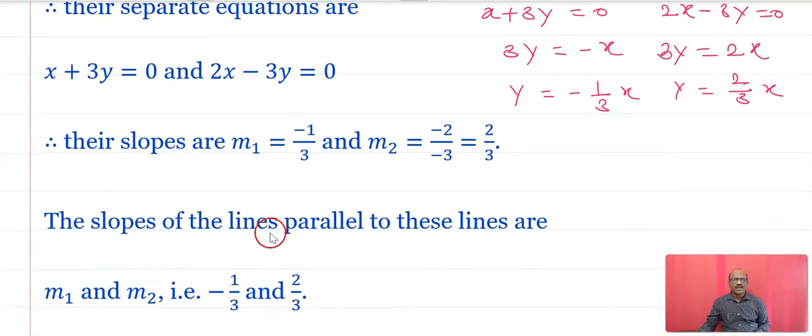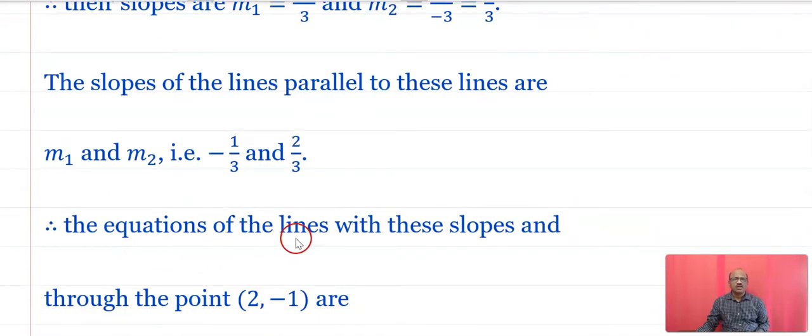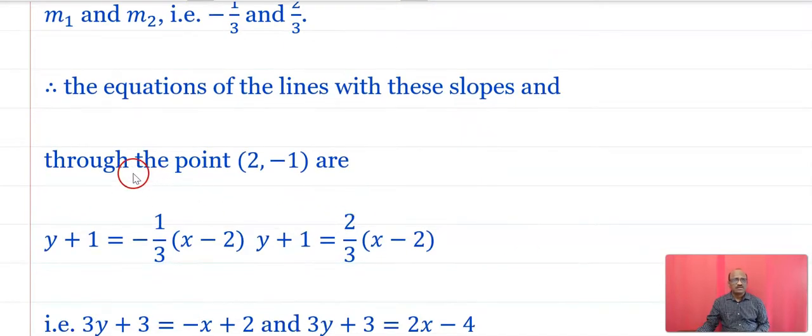The slopes of the lines parallel to these lines are -1/3 and 2/3. We find the equations of the lines with these slopes passing through the point (2, -1).